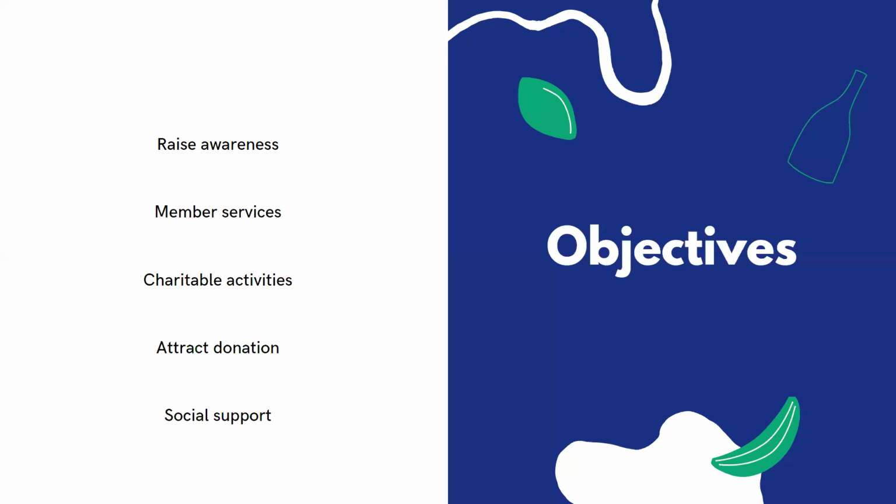And also with the charity, to execute the charitable activity, they need to attract donation. So you see that if you understand there are 3 types of organization, then it will be easier for you to recall the objectives for these organizations.